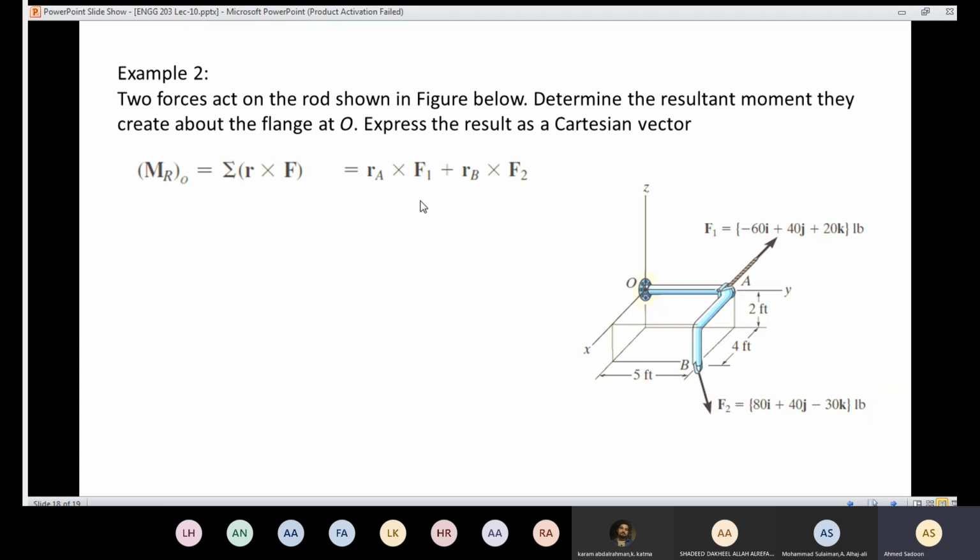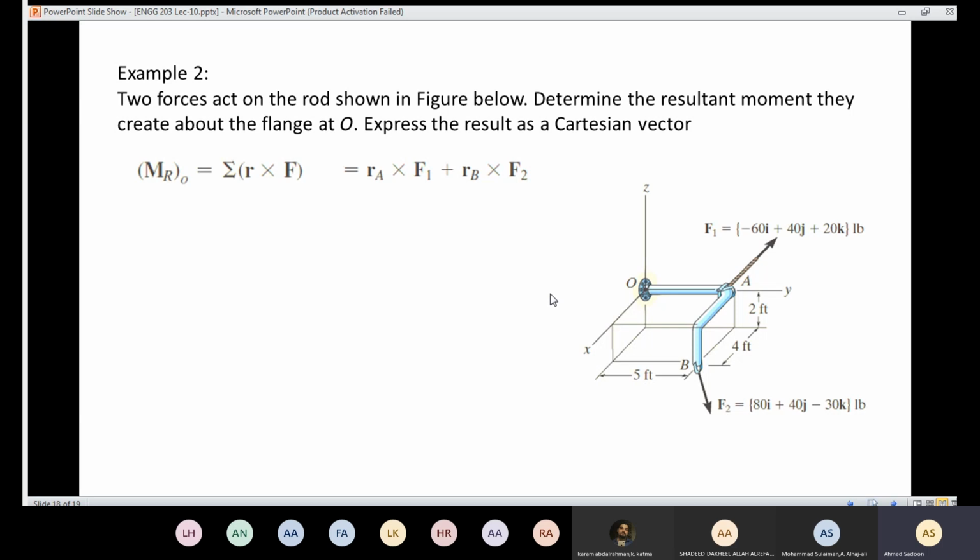So now I need to know F1, F2, RA, and RB. This time, F1 is already given, because like you can see here, F1 is already expressed in Cartesian form. And the same goes for F2. F2 is also expressed in Cartesian form here.